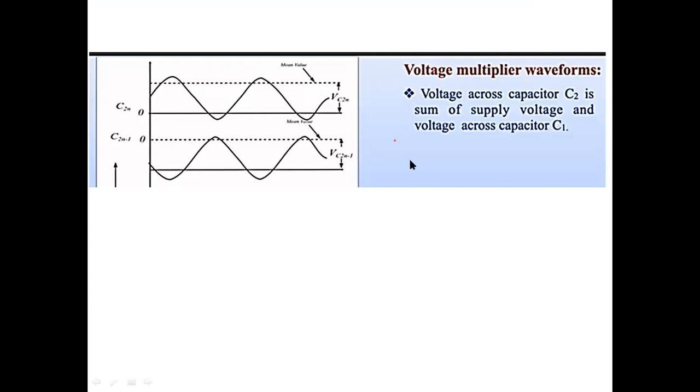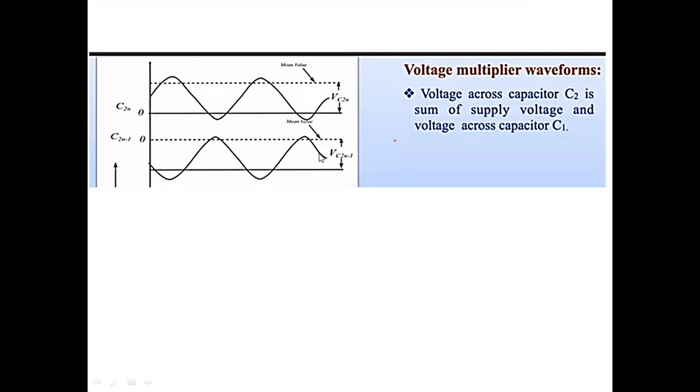Okay, this is the output of the voltage multiplier circuit, represented by the dotted lines. The output during the negative half cycle is C2N minus 1, and this is the output of C2N. This is actually the mean value, the average value. And the sinusoidal waveform represented with the solid lines is actually the input.